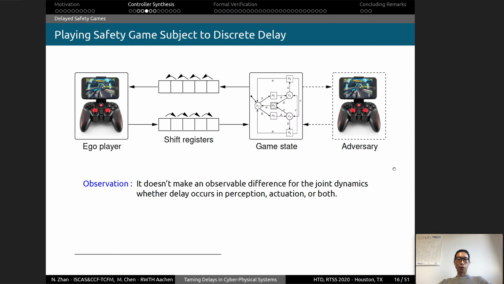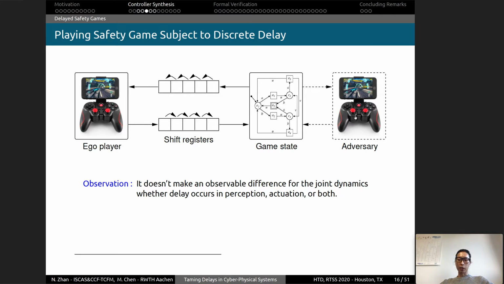Good. Now first, for a rather general picture of delay games, suppose we have two players, the ego player and the adversary player. They are playing a game at some game arena here modeled by some game graph. In this tutorial, we always assume that the adversary player has perfect information of the game state information.